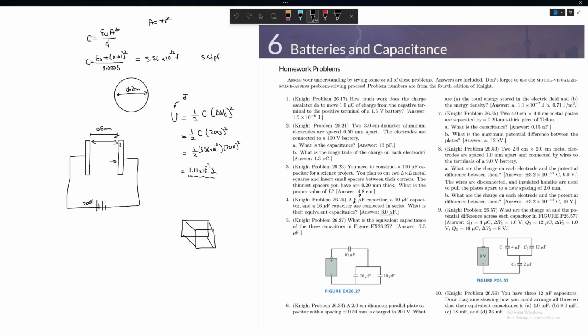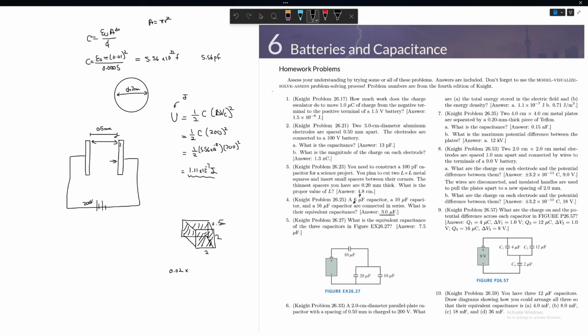These are the 2 plates, and this area in between, this D, is the 0.5 millimeters. If you multiply all these 3 together, you'll get your volume. Turning that to meters, 0.02, times, well, these are actually circles, so actually I need a volume of a cylinder.